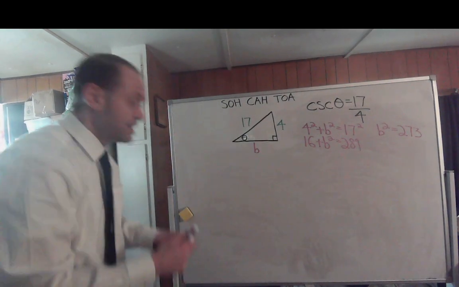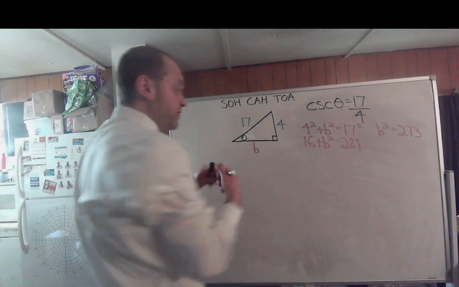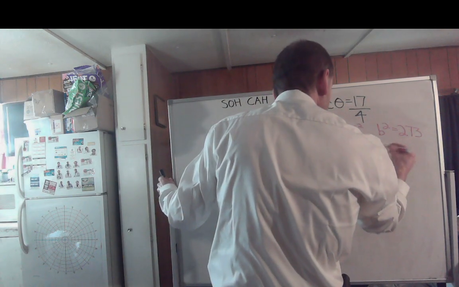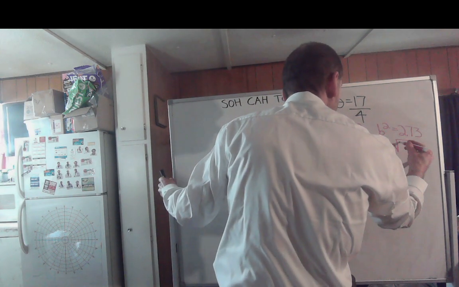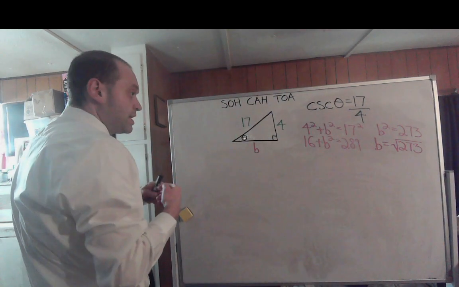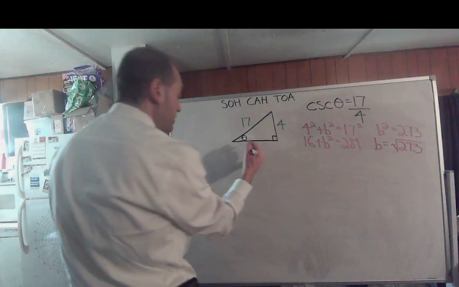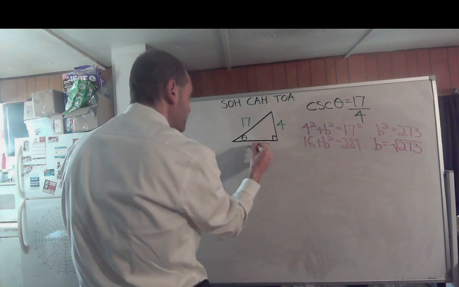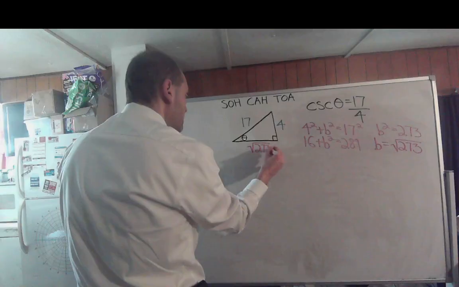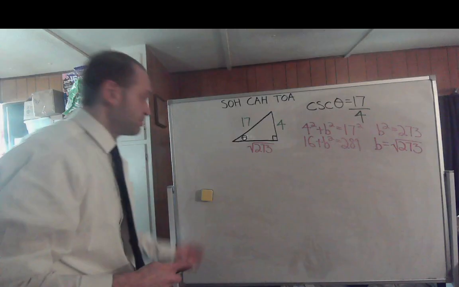It doesn't break down any further. So we got this awful value for leg B equal to the square root of 273. So there is our missing leg. It's the square root of 273 for the length. So this one's going to be a real joy to try to do some of these with.